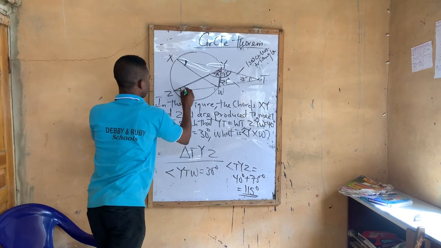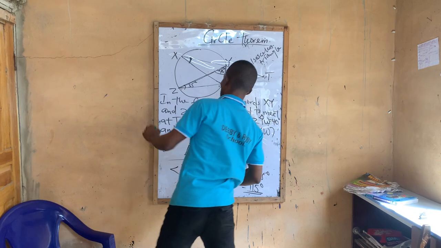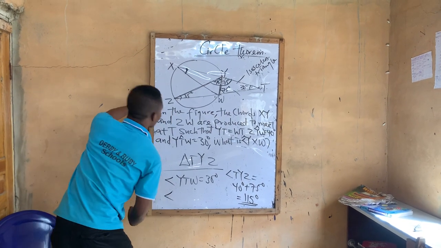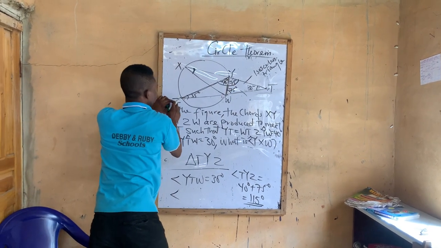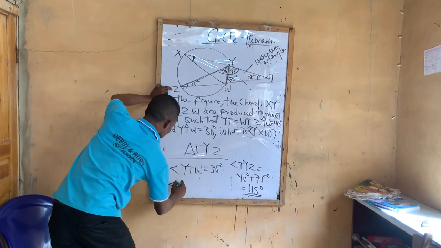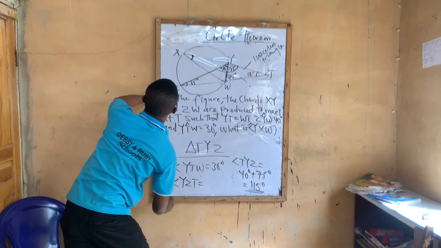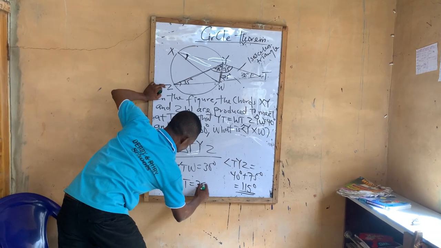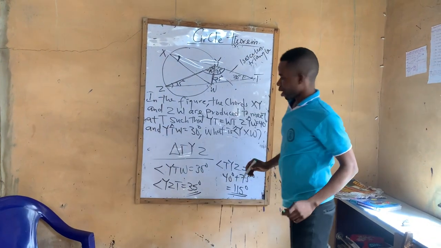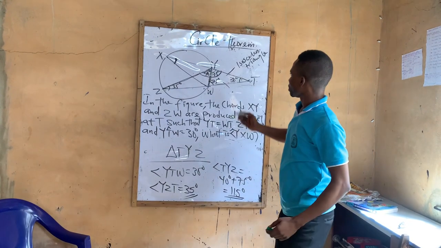Definitely this angle YZT will be 35. I hope you are getting this, because this is 30.